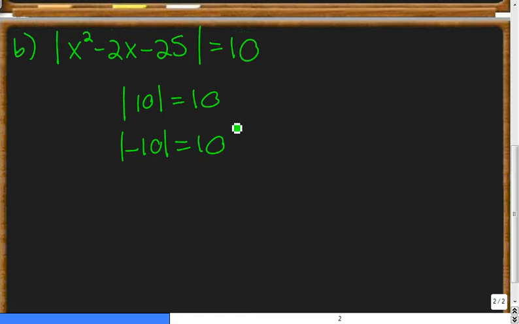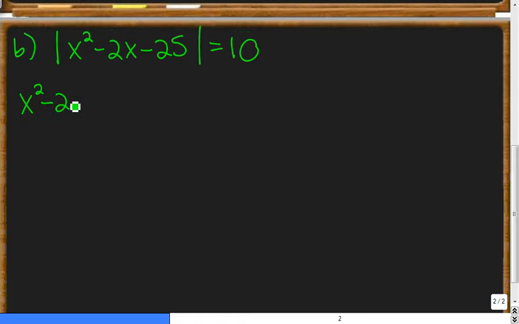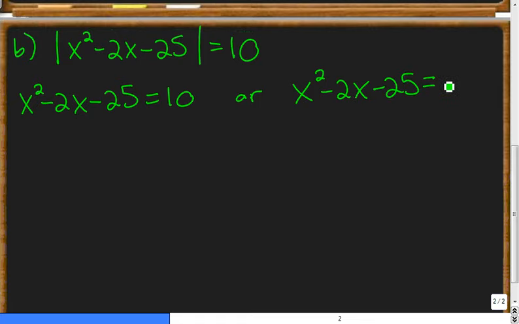So what we can say here is that x squared minus 2x minus 25 equals 10, or x squared minus 2x minus 25 equals negative 10.